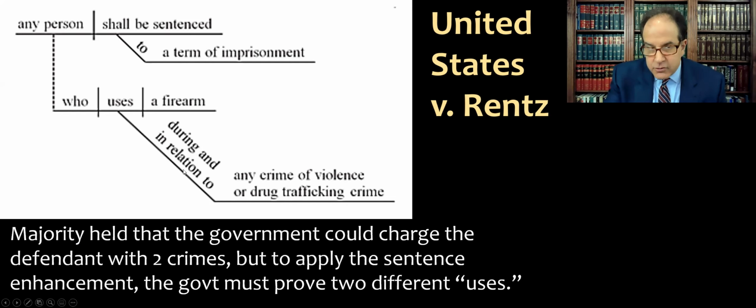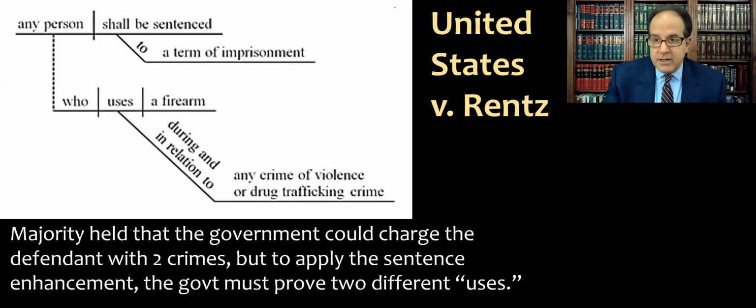So Gorsuch uses the diagram to show that this part of the sentence, "during and in relation to any crime of violence or drug trafficking crime," is all just a modification phrase describing a verb. Therefore, the government would have to prove multiple uses, which they hadn't done. There was only one use of a firearm in order to apply 924(c) multiple times.